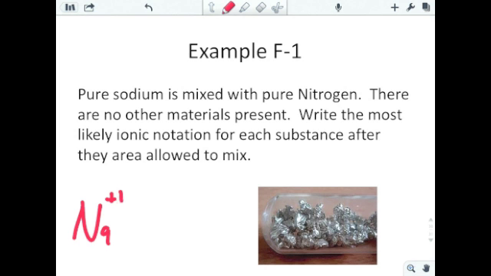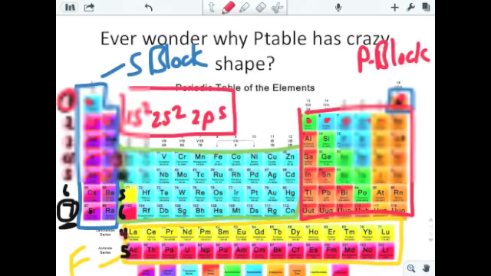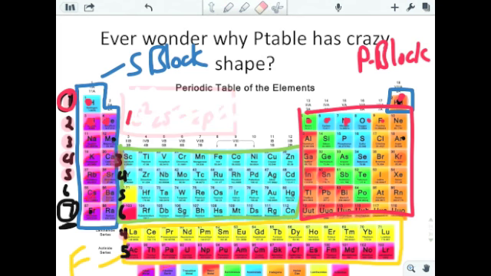Now nitrogen, on the other hand, we can look at on the periodic table. Our nitrogen is going to be right there. Now what's nitrogen more likely going to do? We look at its electron configuration. It's 1s2, 2s2, and then 2p1, 2, 3.